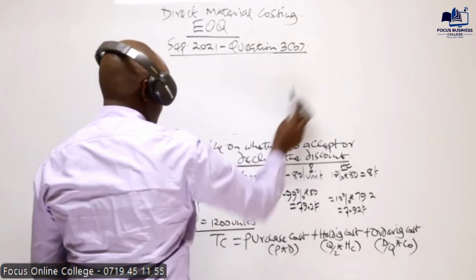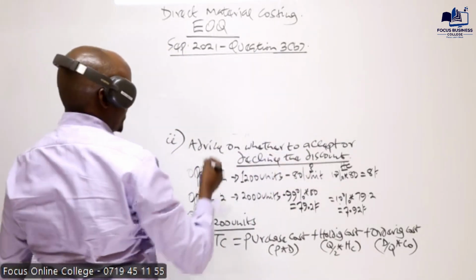So let's start by computing the cost of the first option, where our Q is 1,200.